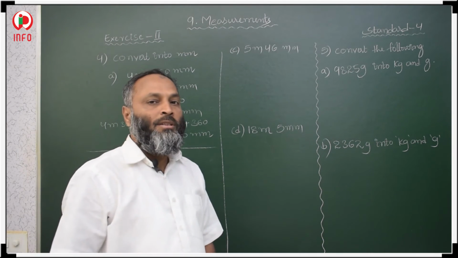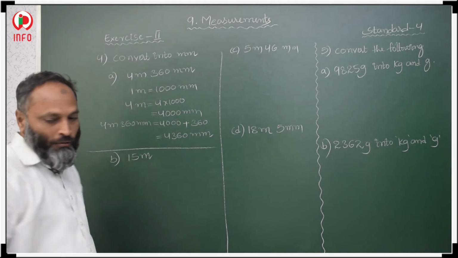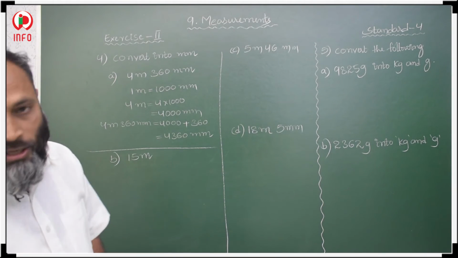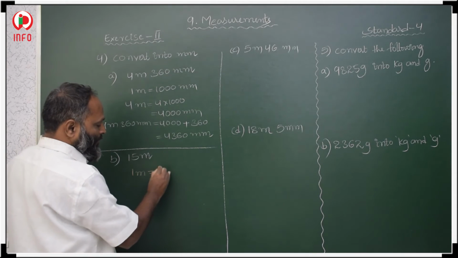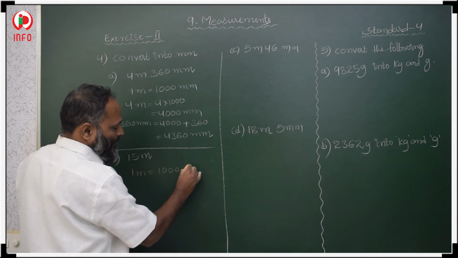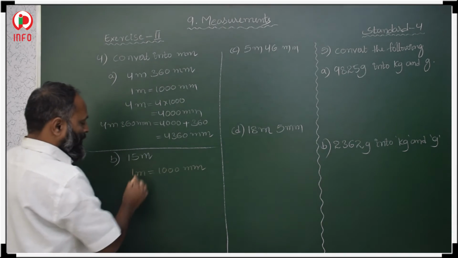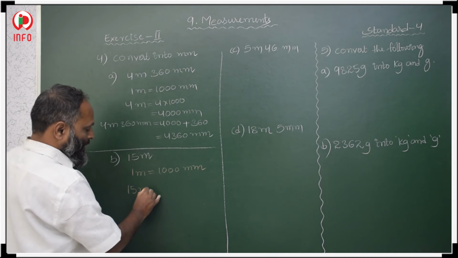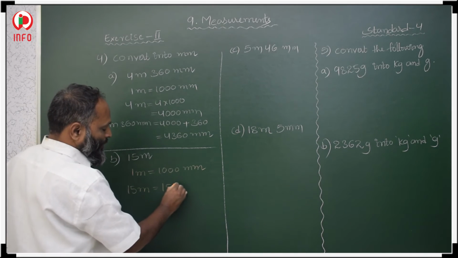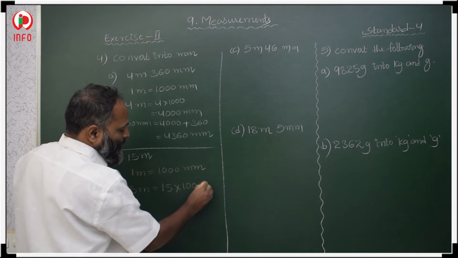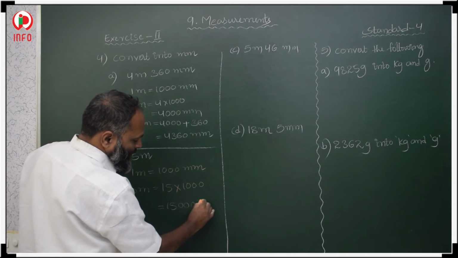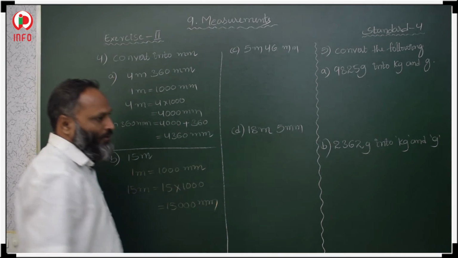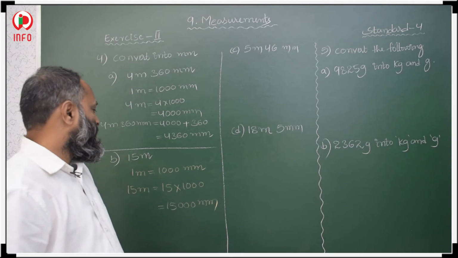4360 millimeters. Okay. Now 5 meters. 5 meters, how many millimeters? 1 meter is equal to 1000 millimeters. Then 15 meters is how many millimeters? 15 into 1000, 15,000 millimeters.